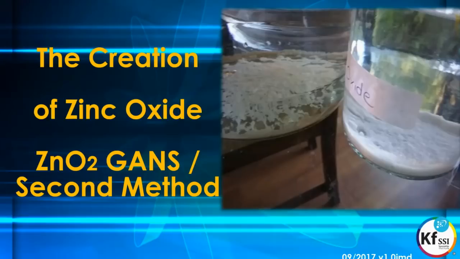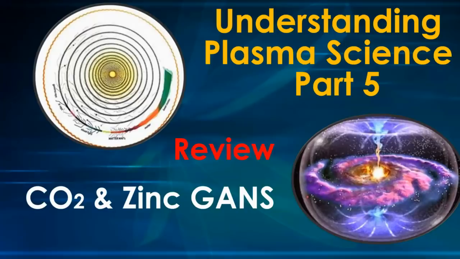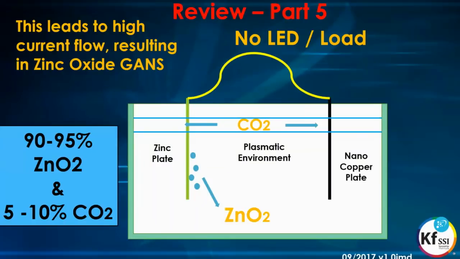So just as a review, to remind everybody from the last time: when you're making your CO2 GANS with your zinc plate and your nano-copper plate, if you don't put an LED or load on that and you just connect the two wires, you are essentially only producing 90-95% zinc and only a small 5 to 10% of CO2.